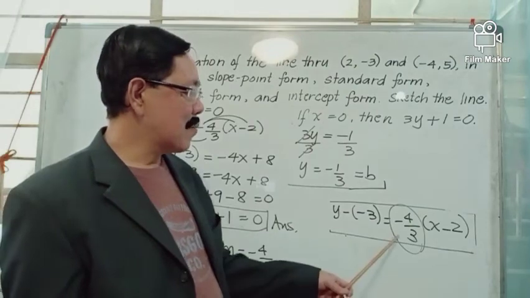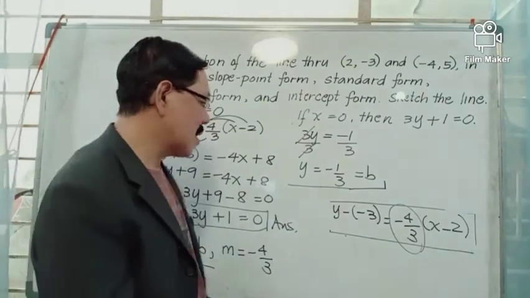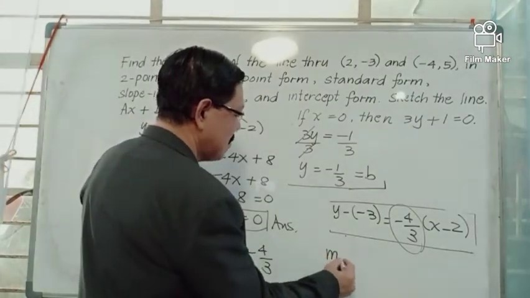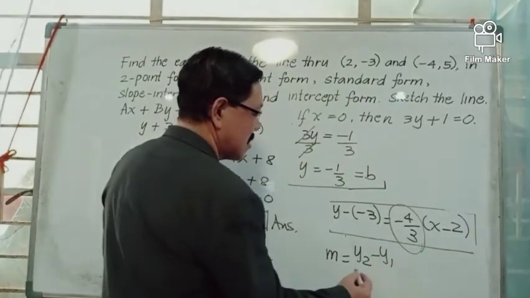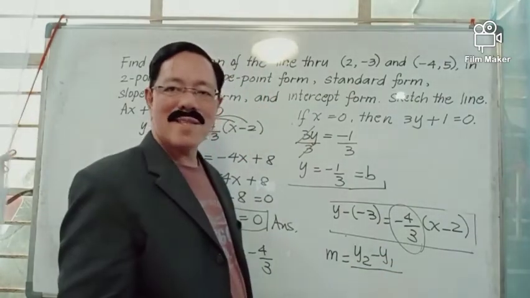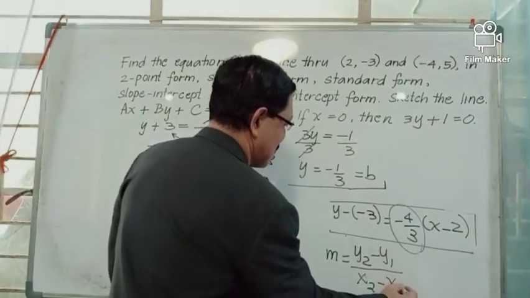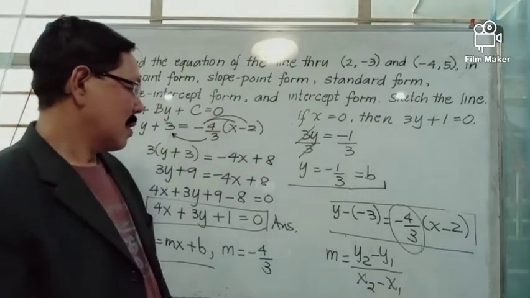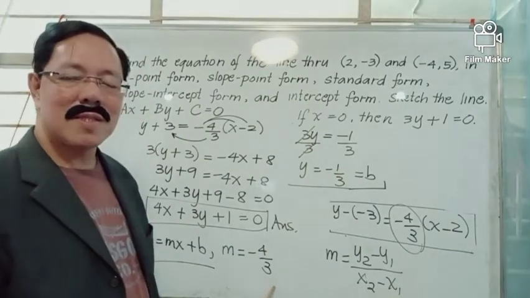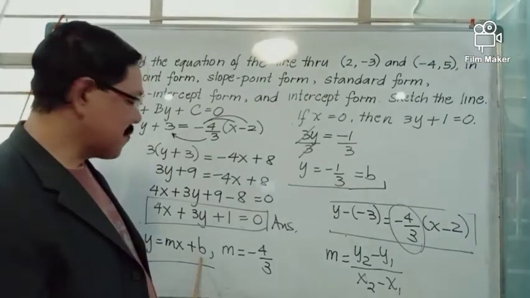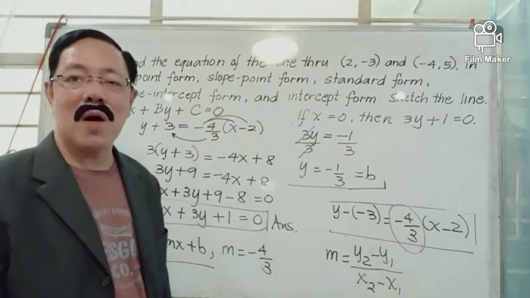The slope m is given by the ratio of the difference of the ordinates and the difference of the abscissas. And we have shown that m equals negative 4/3. And the next step is to find b, which is the y-intercept of the line.